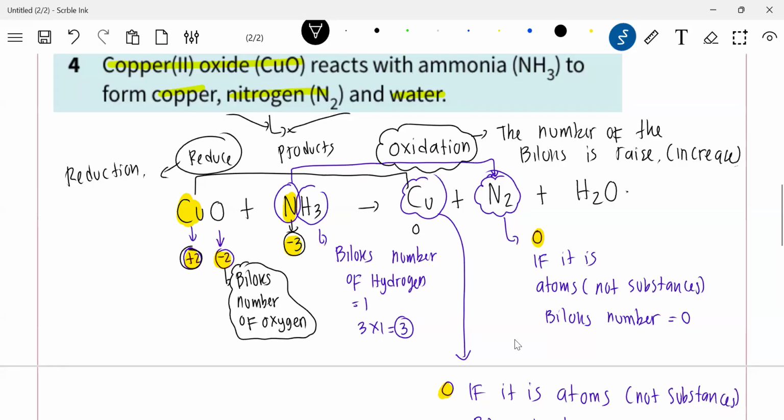This is not the final answer. I will explain again, but I followed you up to this step because there are too many steps. There is a next step. Okay, understand? Yes, I will continue again.